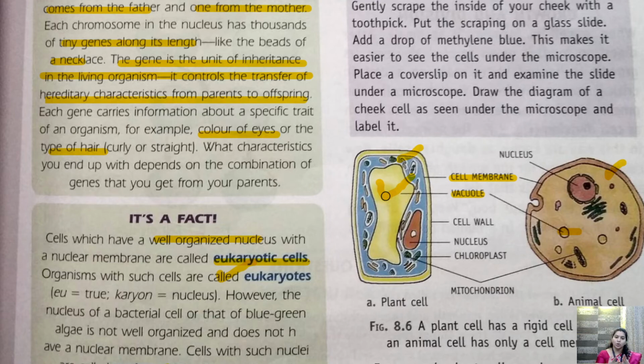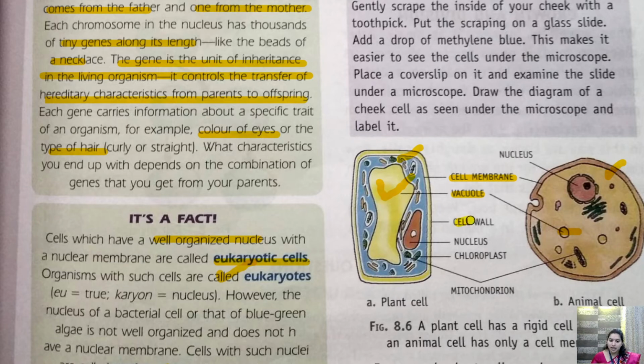So in vacuole they store all the water, all the food and all the waste. Okay, but in case of animals it is small because we do not require to store our food inside the body. Rather we can go into search of food and we can eat it from time to time. So that is why vacuole is larger in plant cell rather than animal cell.